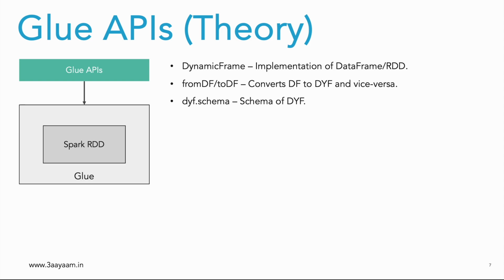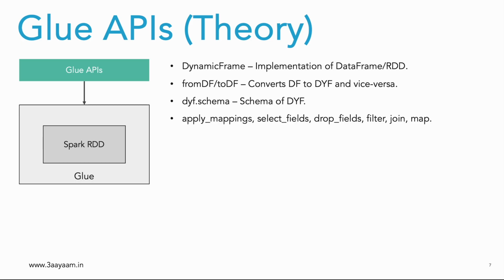In a data frame, we have dataframe.printSchema. We can do the same with a dynamic frame also using dynamicframe.schema. It will show you the schema of the dynamic frame. Then you have dynamic frame APIs or Glue APIs like apply mapping, select fields, drop fields, filter, join, map.